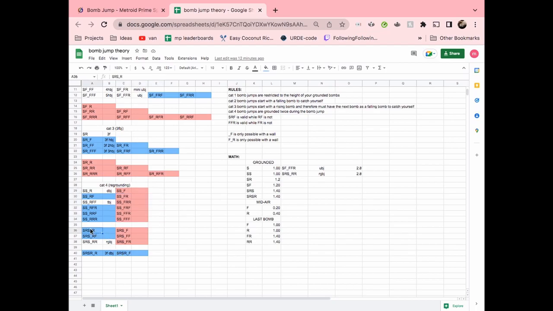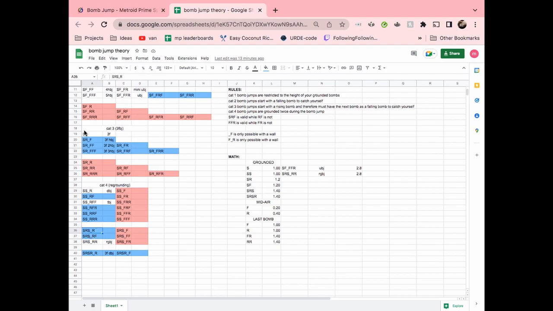Moving on down, category 4 bomb jumps actually have almost like 3 distinct parents or variations inside its family. So what is this SRS_R? This is a 3-frame bomb jump.